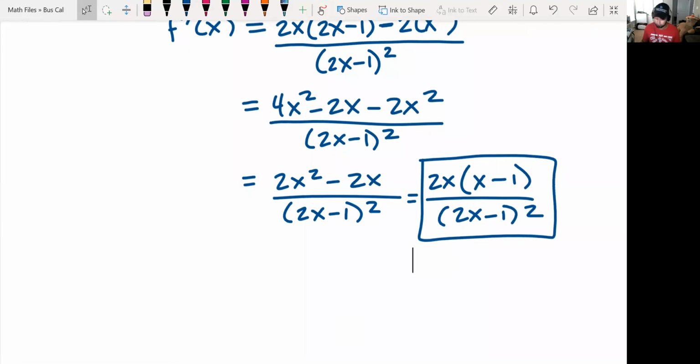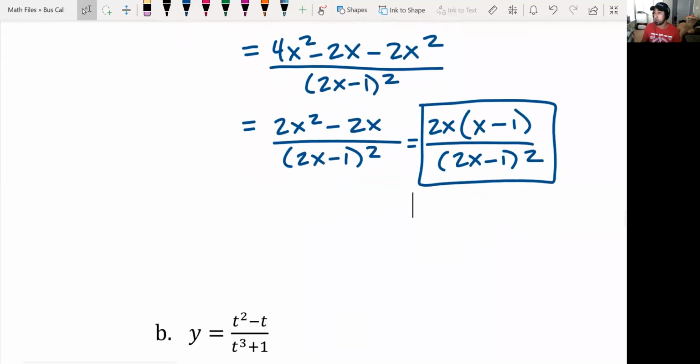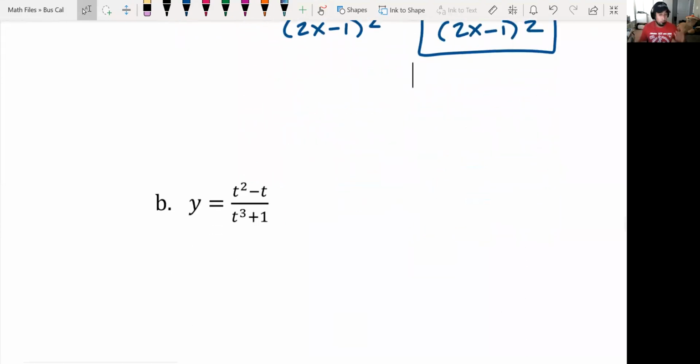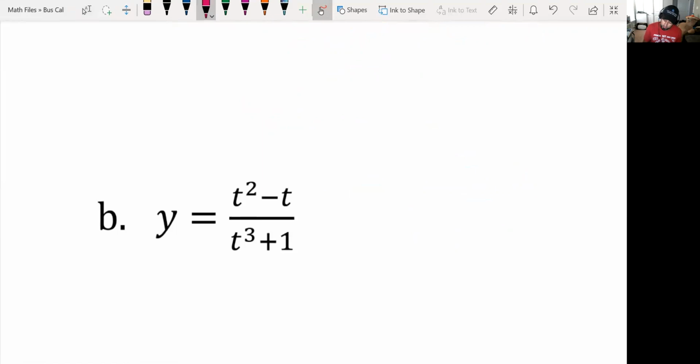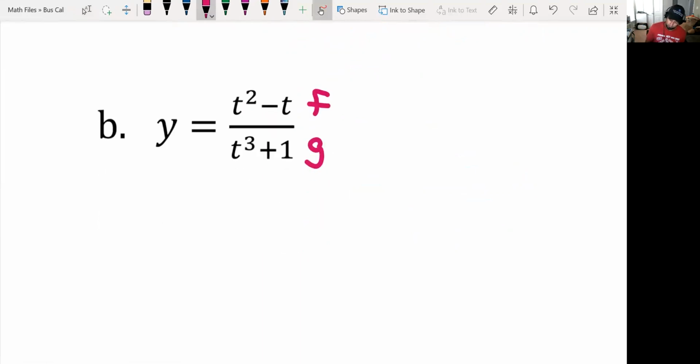Okay, quotient rule. Almost the same, right? Label F, label G, follow a formula. Do it again. Numerator is F, denominator is G. F is t squared minus t.